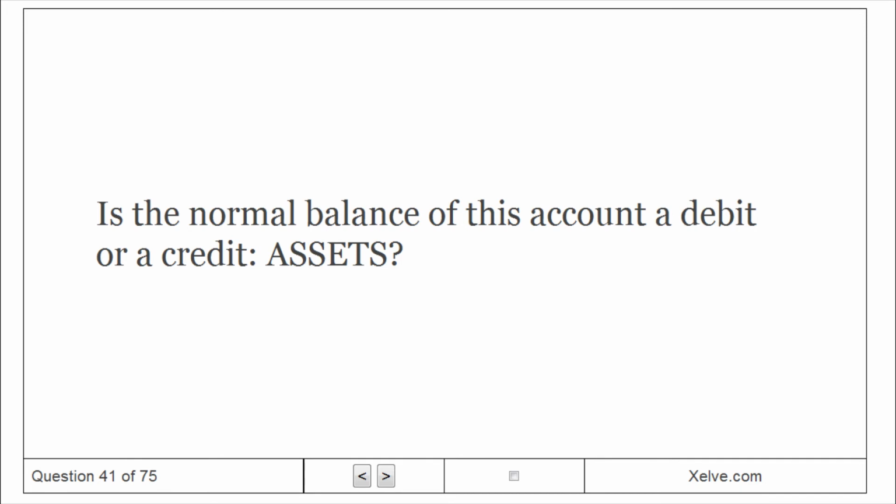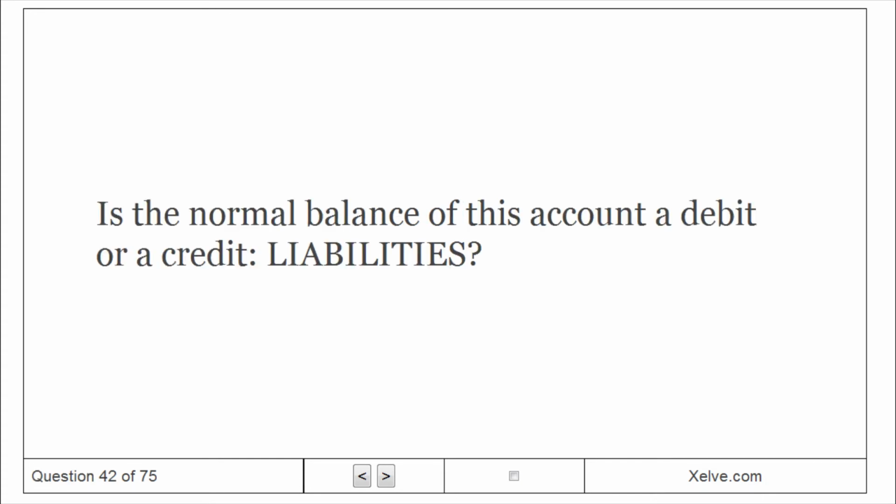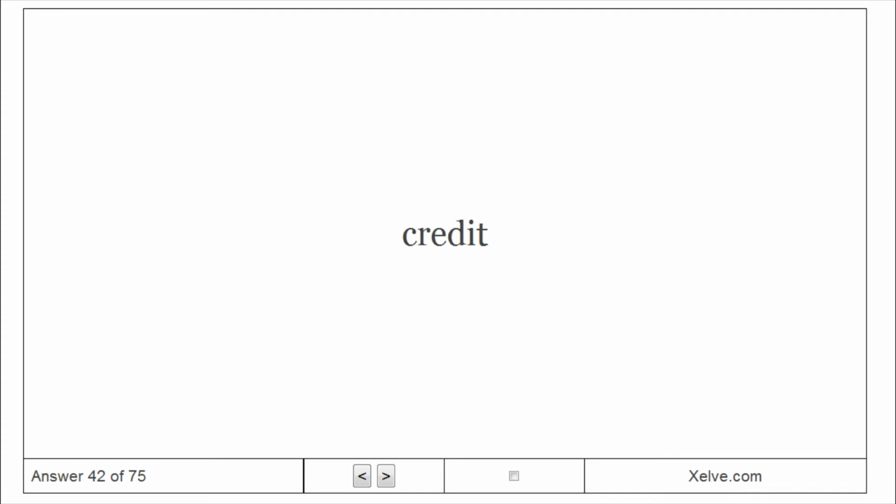Is the normal balance of this account, a debit or a credit? Assets. Debit. Liabilities. Credit.